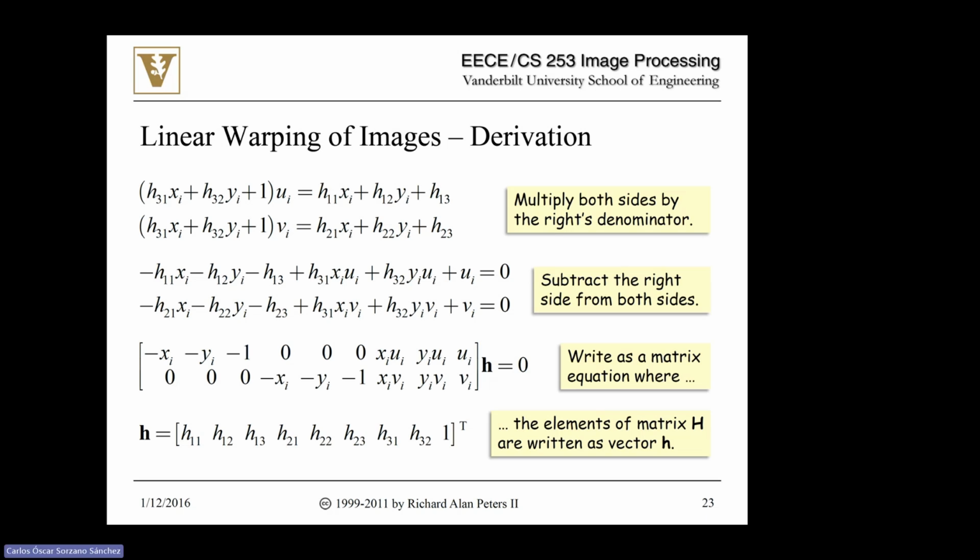So H will be H11, H12, H13. Okay, so now let's rewrite this equation. This will be H11 minus xi, H12 minus yi, H13 minus 1, H21 is not here so you have 0, H22 you have 0, and so on. When you multiply this row by this column, you get this equation.